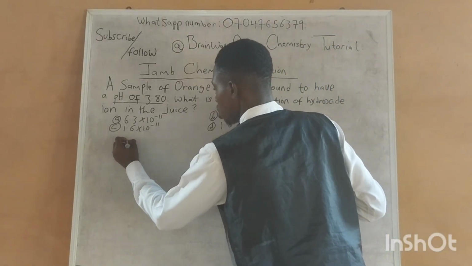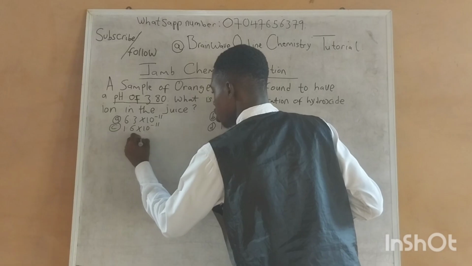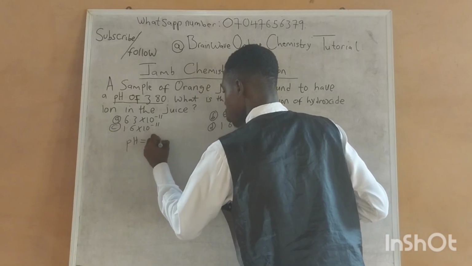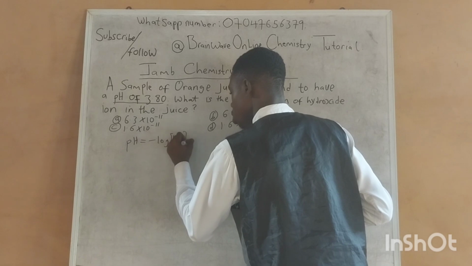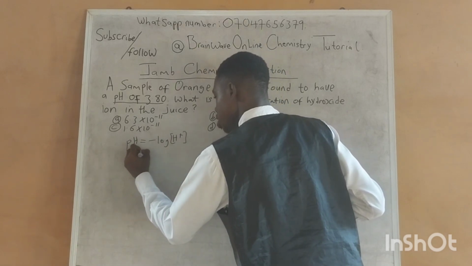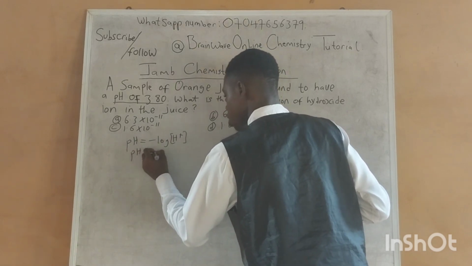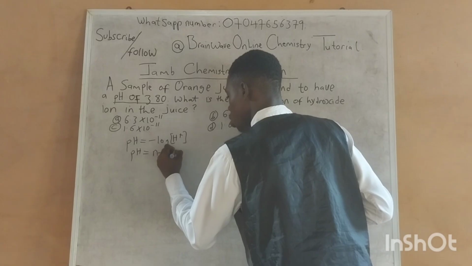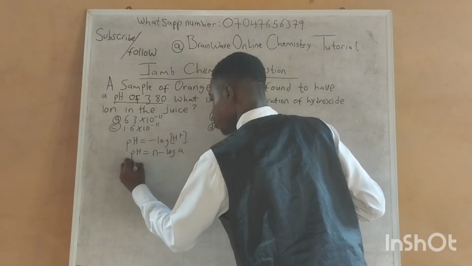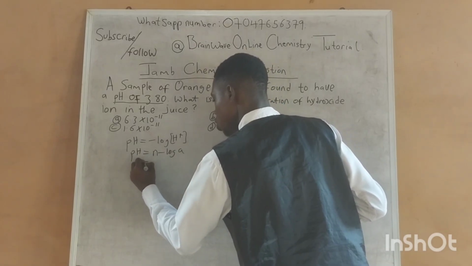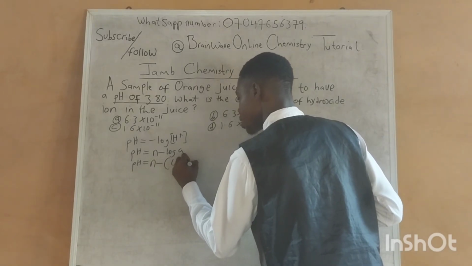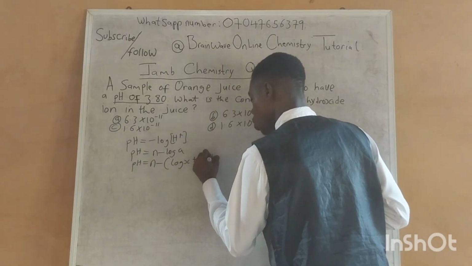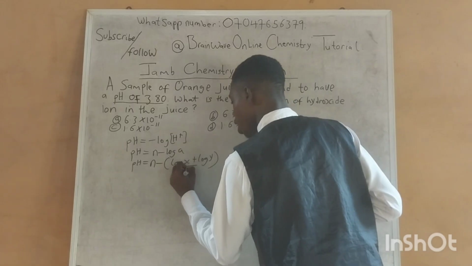formulas of pH, which include pH equals minus log hydrogen ion. Also pH equals n minus log A. Also pH equals n minus open bracket log S plus log Y over 2.